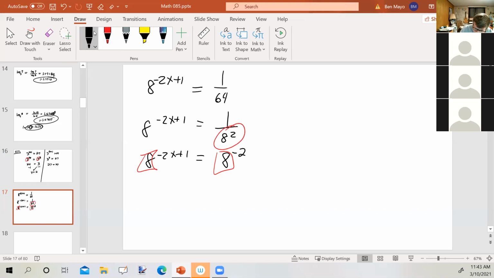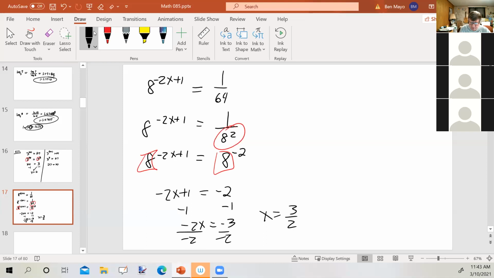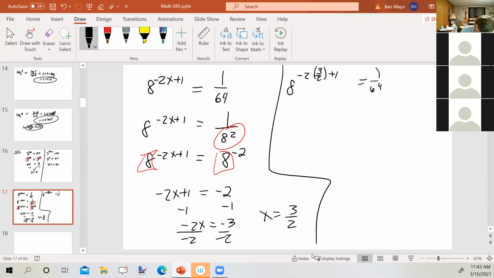In order to do that, I need to turn this into a situation with a negative exponent. But now that they're both base 8, negative 2x plus 1 equals negative 2. The exponents are equal. Solving for x, we'll subtract 1 from both sides of the equation. We'll divide by negative 2, and x equals 3 halves. Let's check our work. If x is 3 halves, 8 to the negative 2 times 3 halves plus 1 equals 1 over 64.